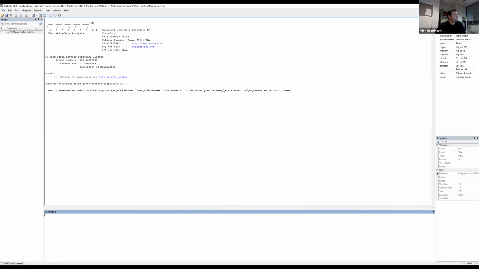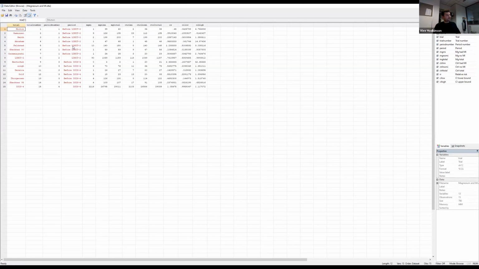If we open this, the first question is we want to look at the actual data and understand what's going on in there. So what have we got? We've got the trial name, the trial number, period number, and the period name, and then you've got the key data in this quadrant here.